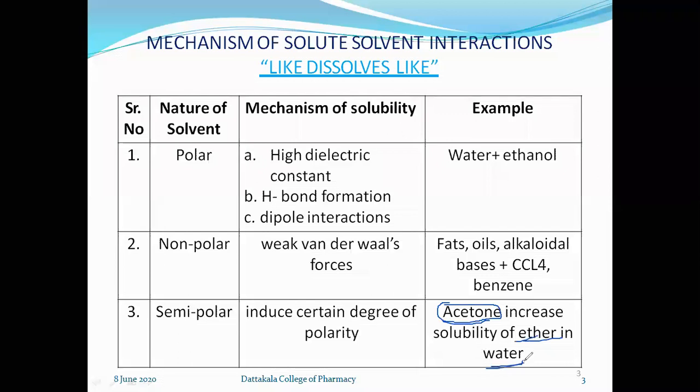By inducing a certain degree of polarity in the mixture of ether and water, acetone plays the role of polarity inducer, and it enhances the solubility of ether and water as a semipolar solvent.